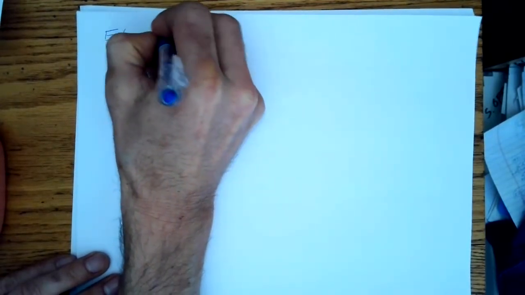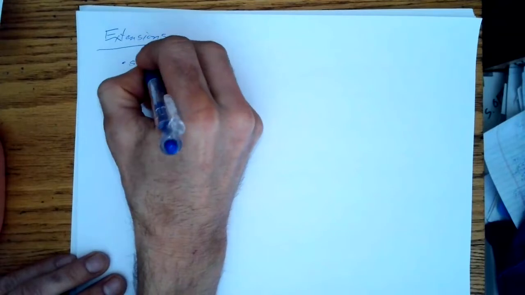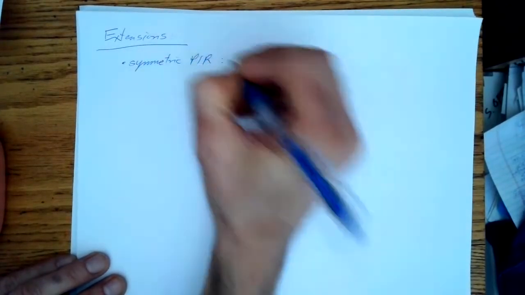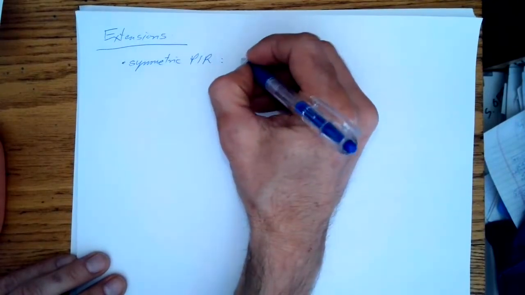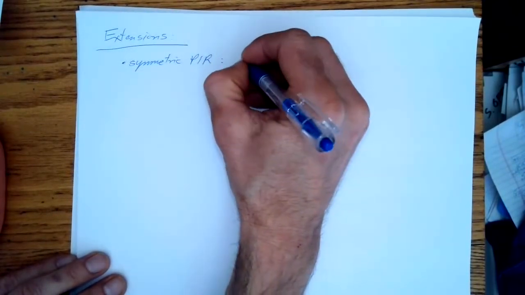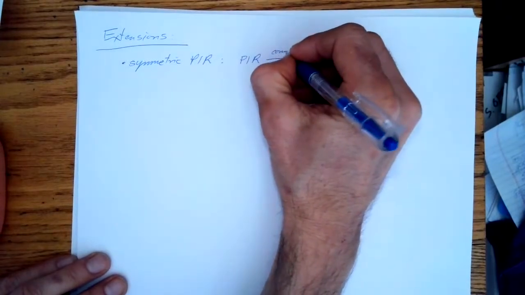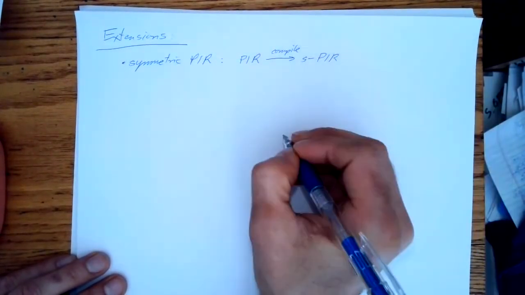Maybe the last thing I want to mention quickly is the extensions. So one is symmetric PIR, right? You can go by generic compilers to symmetric PIR.